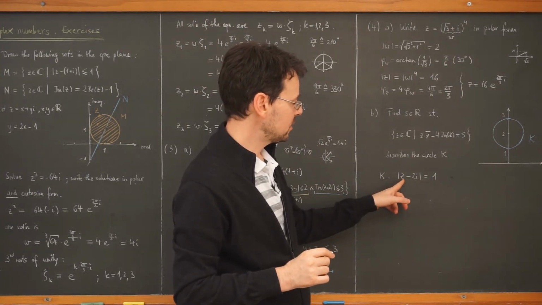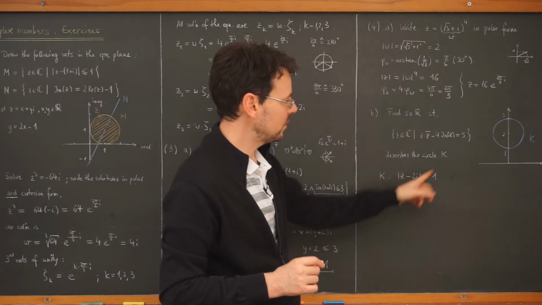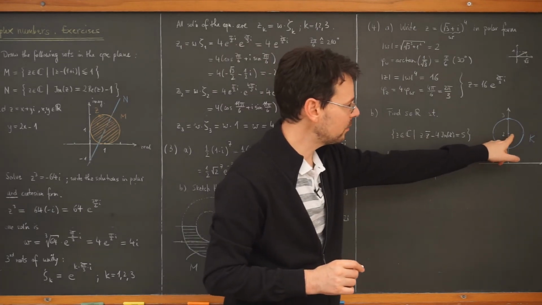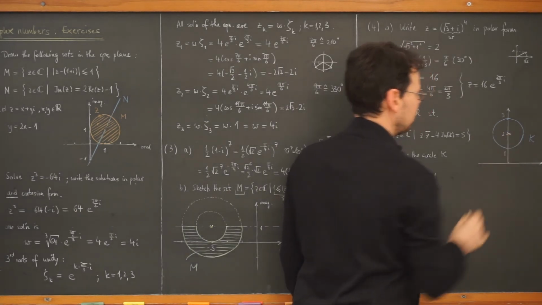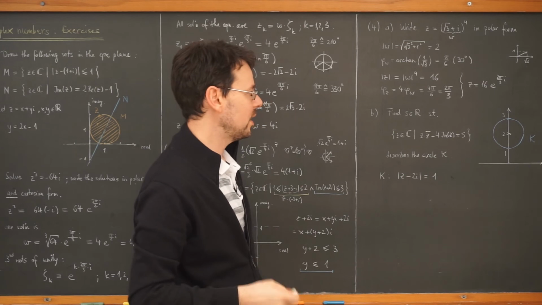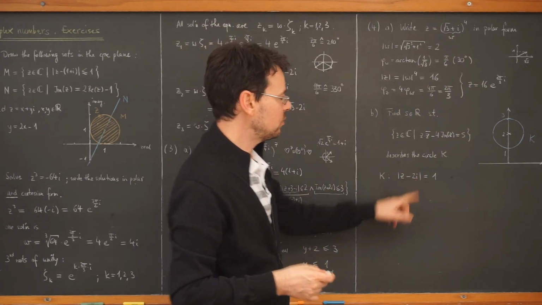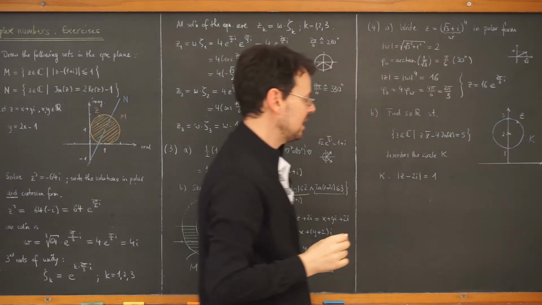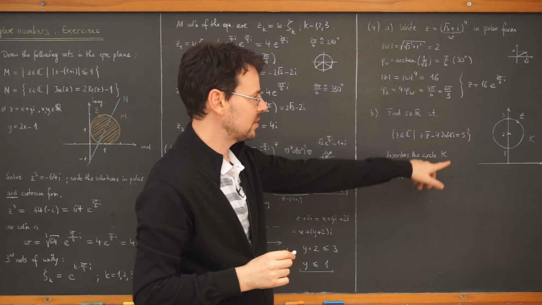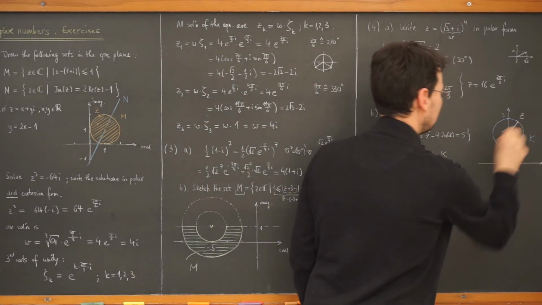K is described by the complex numbers that satisfy this condition. The distance to 2i, which is the complex number corresponding to the center of the circle. Here's the arrow 2i, or the endpoint of the arrow 2i. So the distance between z, any point on the circle, to this complex number must be 1, because of course the radius of this circle here is 1.